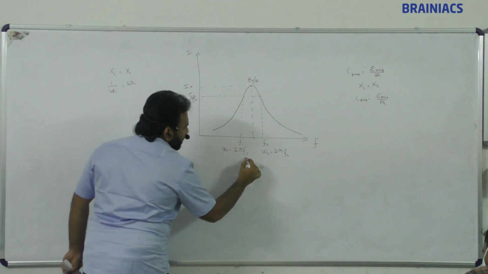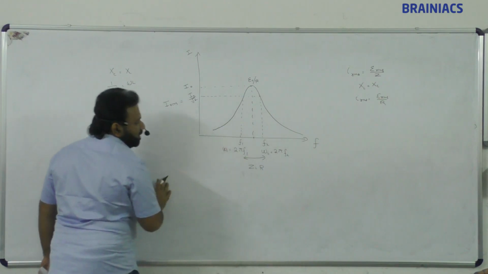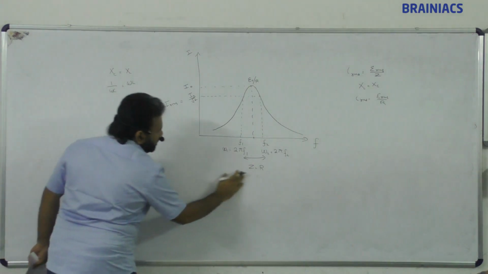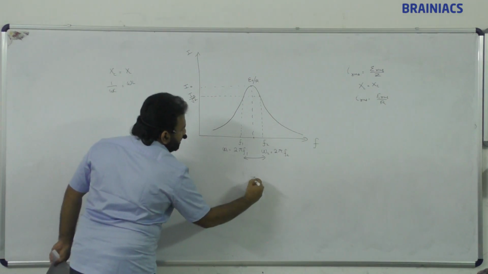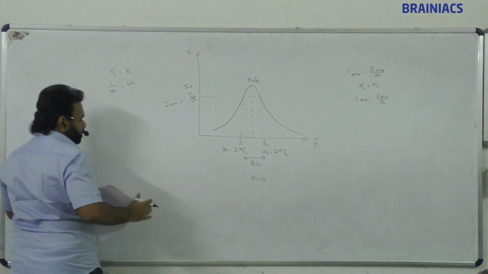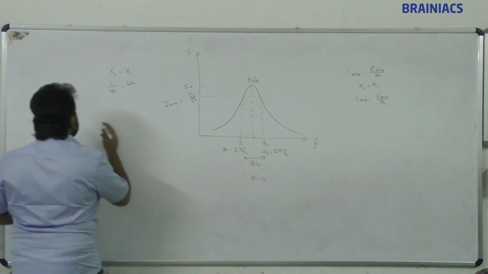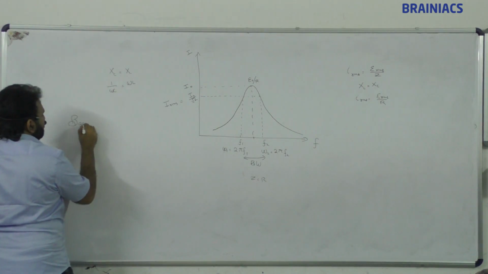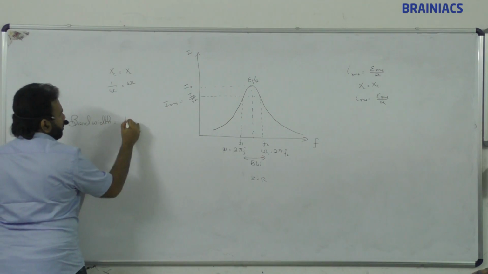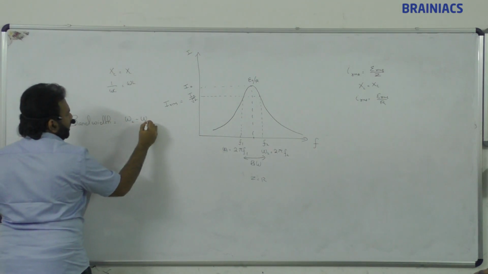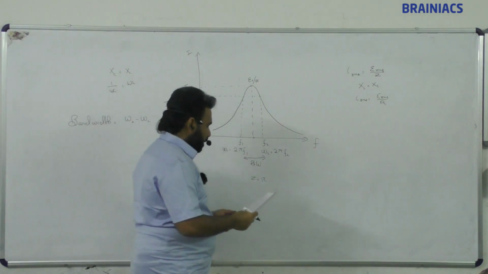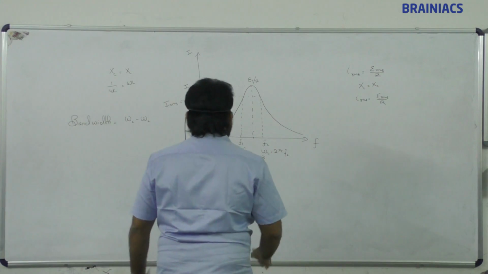This width, where Z is close to R, is called bandwidth. Bandwidth is nothing but omega 2 minus omega 1. Clear?